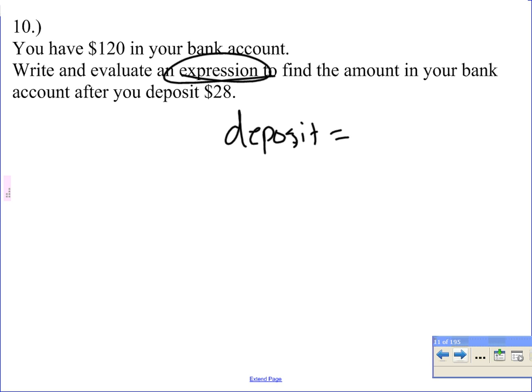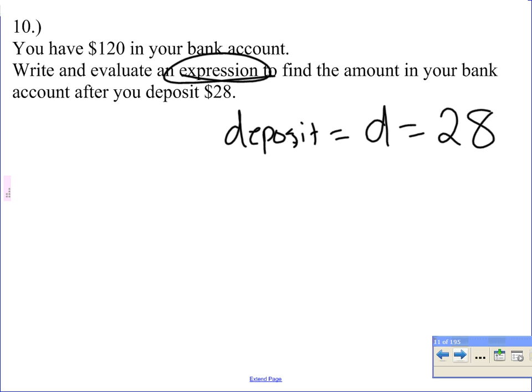If we are depositing $28, let's use deposit as letter D. So we're going to write an expression, okay? It's going to have a number and a variable. We're using that letter D to represent the amount we are depositing. So using a number and a variable, how can we represent an expression for this scenario?